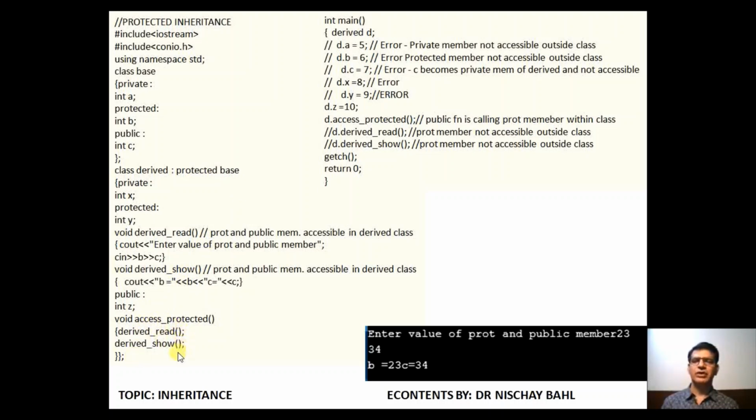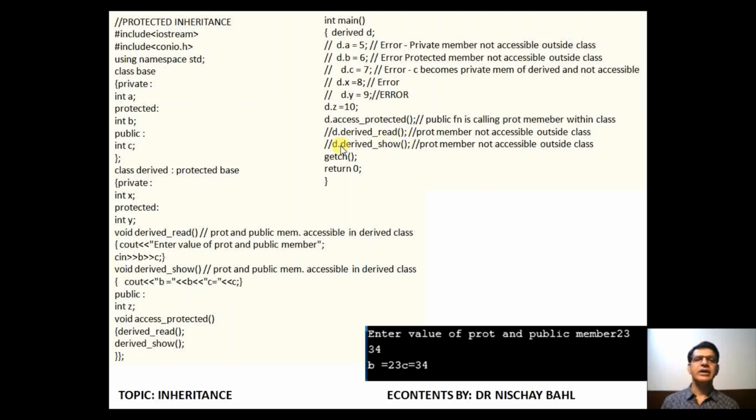Whenever you call these two functions, they respectively access B and C. Derived_read reads B and C, and derived_show shows B and C. They're accessing the protected and the public members, reading them and printing them respectively. Very important, students, you must note down here: if we write D.derived_read directly, that will result in an error.